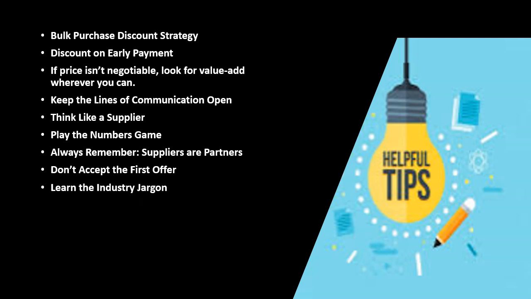Now learn the industry jargon. Before finalization, or before negotiating with the vendor, you have to think about the organization details of the vendor you are going to shortlist. This industry jargon helps you create future discount ways.